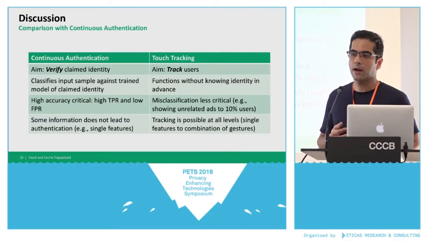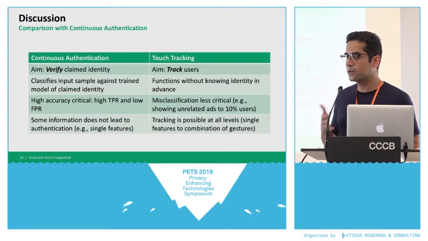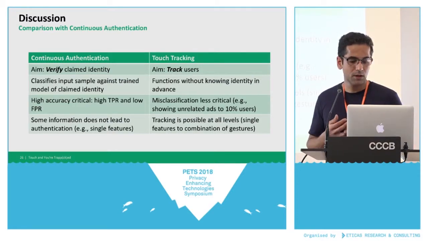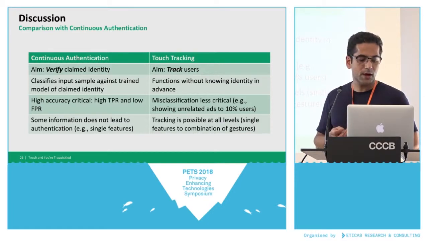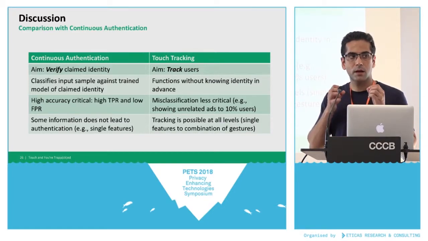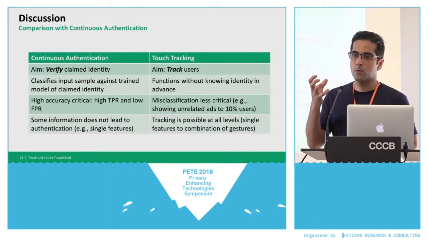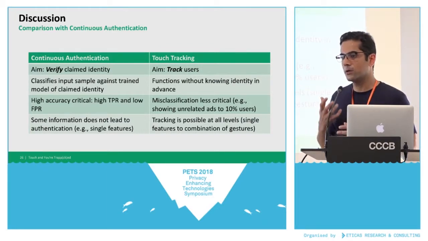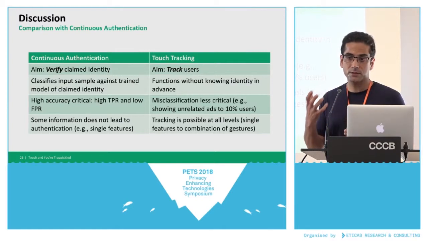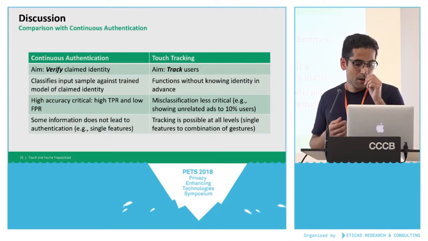The aim of authentication is to verify a claimed identity, whereas in tracking you are trying to track users. In an authentication system, you would have an input sample, and you know which target model to test against, whereas in tracking you may or may not know the actual identity of the user, and you still want to be able to re-identify users.